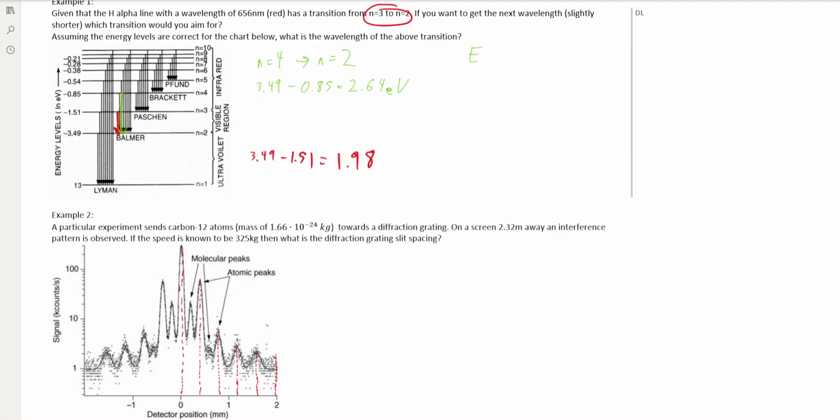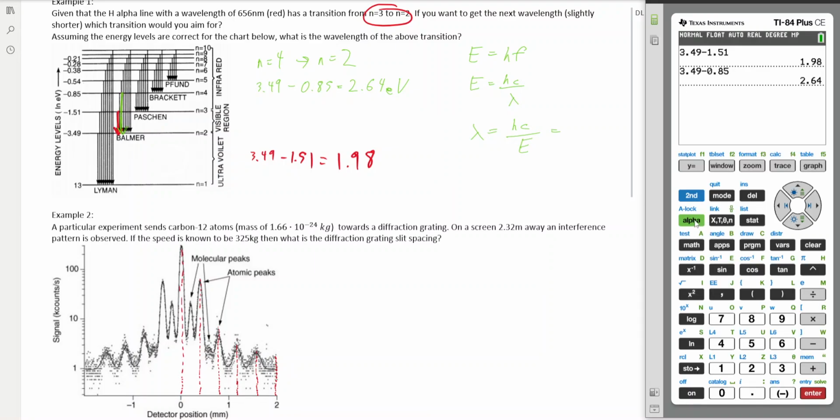Now, energy is hf, or another way to write that is hc over lambda. So we can rearrange for the wavelength. Since we're already in eV, we're going to use this h, which is the one that has electron volts, because we want that to cancel with our energy.